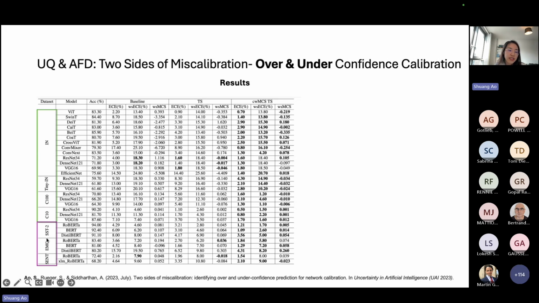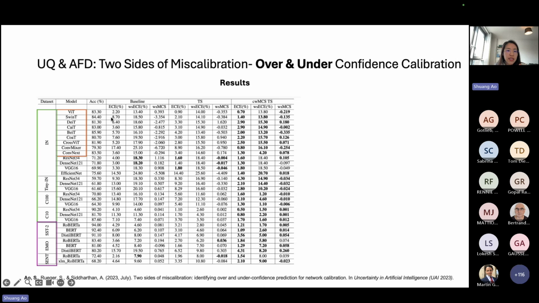This is for text classification: SST-2, the binary classification, then the Twitter emotion with 5 different emotions, and then the Twitter sentiment analysis with 3 classes. Because the temperature scaling method is a post-hoc method, all these transformer-based models use pre-trained weights, and all the others we trained ourselves.